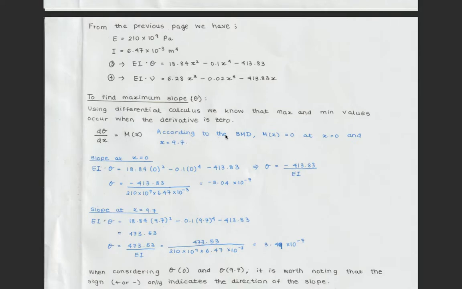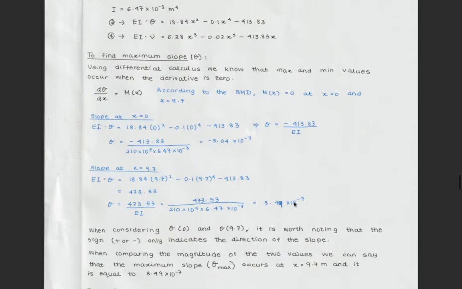So the bending moment equals 0 at x equals 0 and when x equals 9.7. So we've found the slope at both those points, when x equals 0 and x equals 9.7, which is negative 3.04 times 10 to the negative 7 and 3.49 times 10 to the negative 7 respectively.